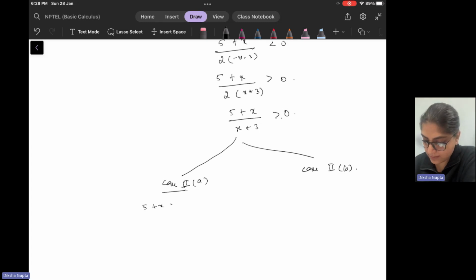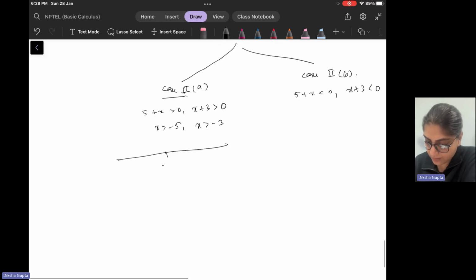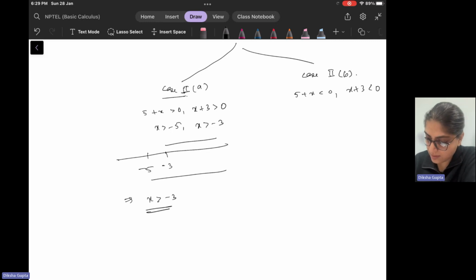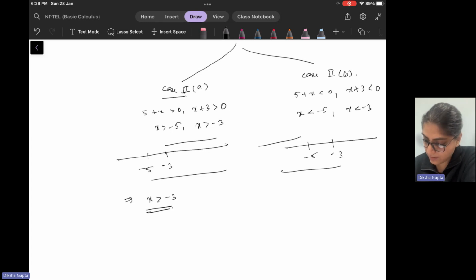So one case is 5 plus x greater than 0 and x plus 3 greater than 0, case 2 is 5 plus x less than 0 and x plus 3 less than 0, meaning x greater than minus 5, x greater than minus 3. So this is minus 3, minus 5, x greater than minus 5, x greater than minus 3 implies the intersection x greater than minus 3. Now x less than minus 5, x less than minus 3, so we'll get x less than minus 5.